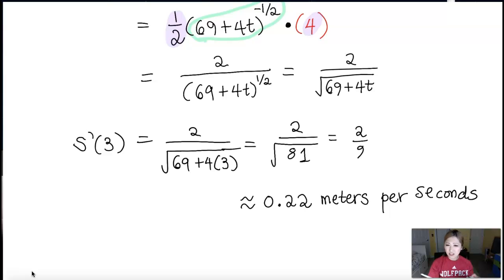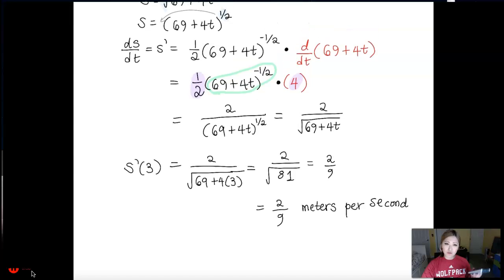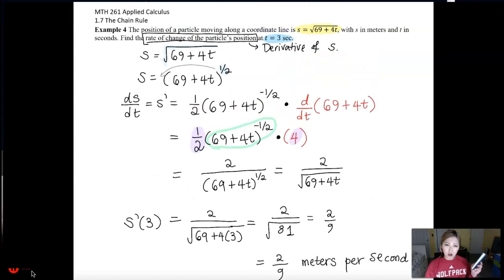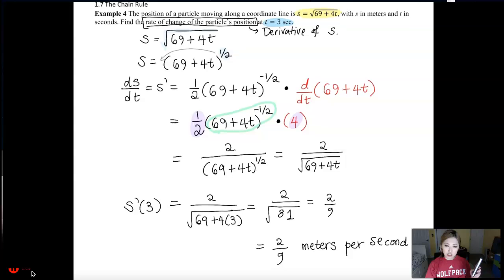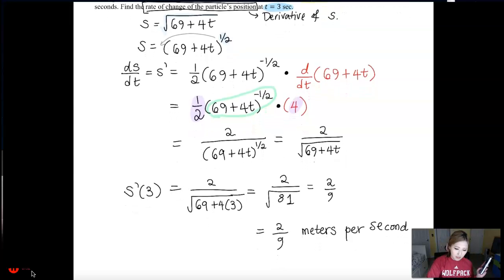I still like 2 over 9 better. So let me get rid of the 0.22 repeating and do 2/9 meters per second. That is the rate of change of this particle's position at t equals 3.